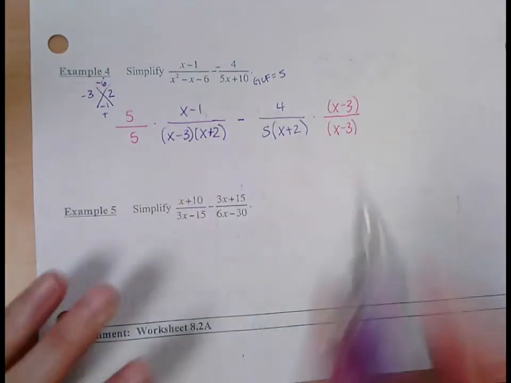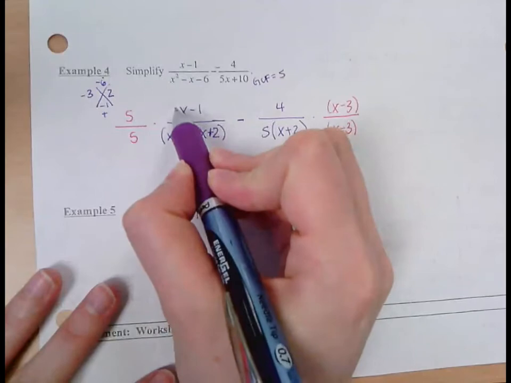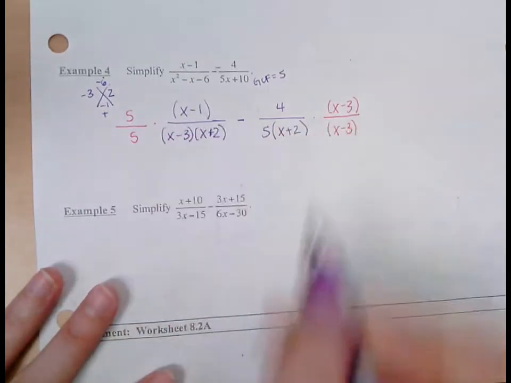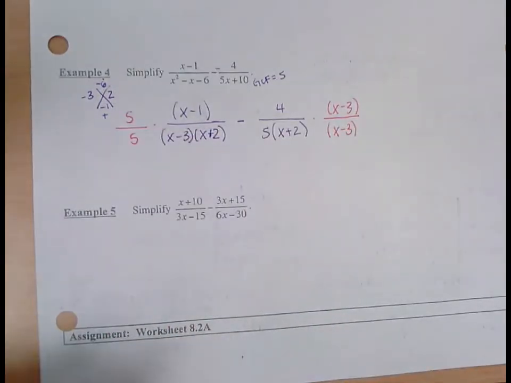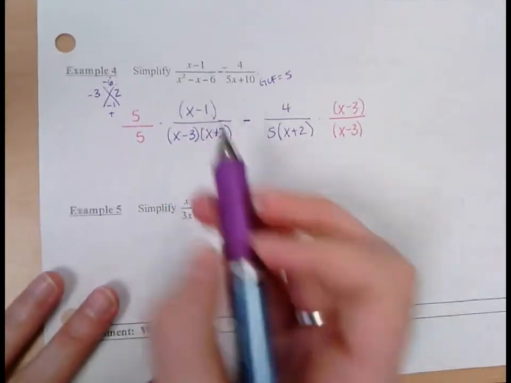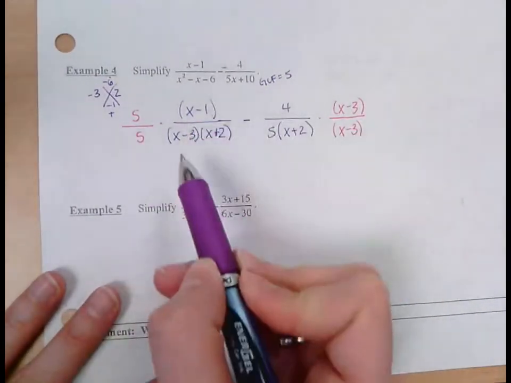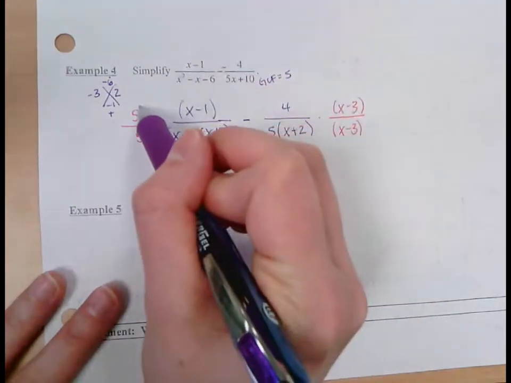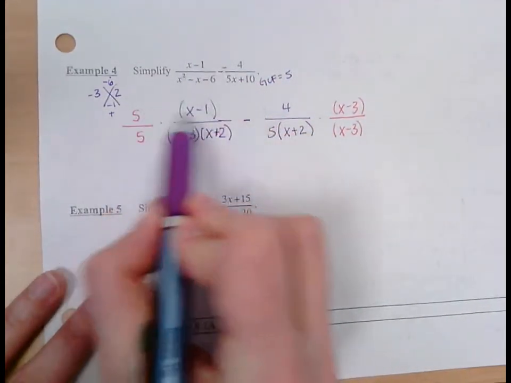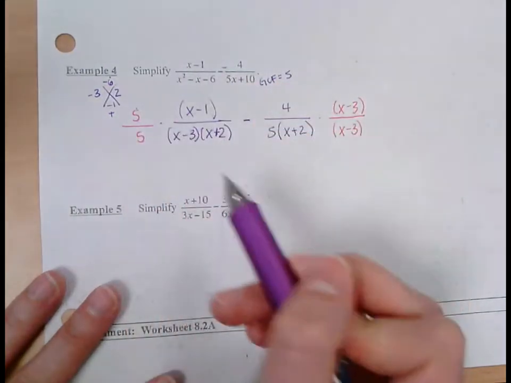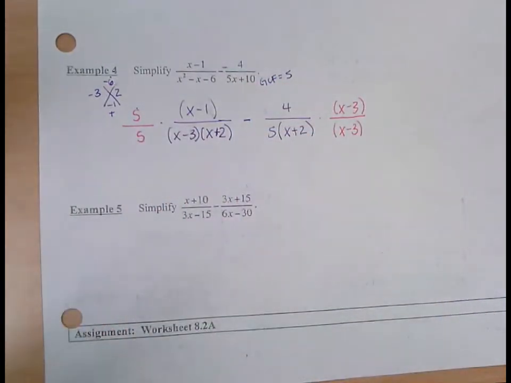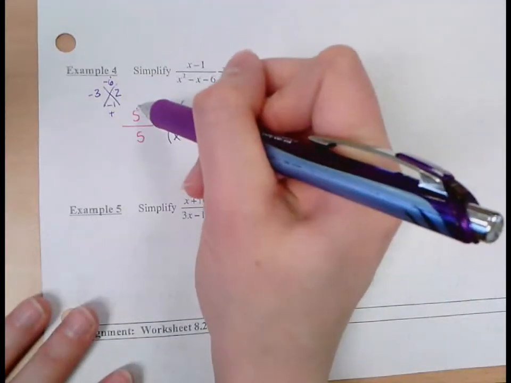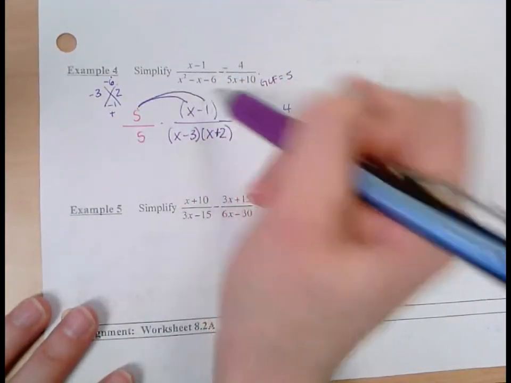Okay, so then I'm going to include parentheses around this x minus 1 that's on the top of that first fraction. What I'm actually going to do here is distribute this 5 right away along the top, because on the top you are going to want to simplify, so distribute if you can. I'm going to distribute the 5 to the x minus 1.